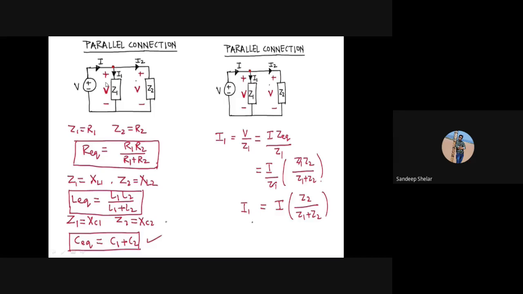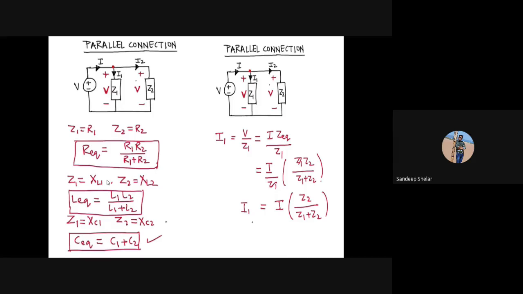Now also put impedance Z1 is equal to R1 and Z2 is equal to R2. Then find out the equivalent resistance, that is R equivalent is equal to R1 into R2 upon R1 plus R2, because both resistances are in parallel.